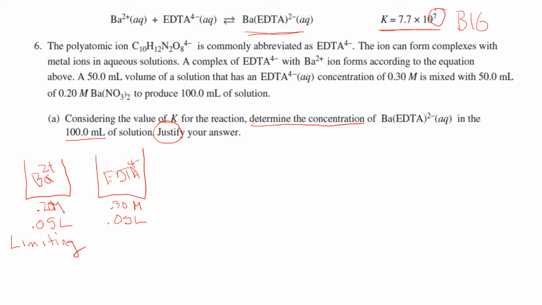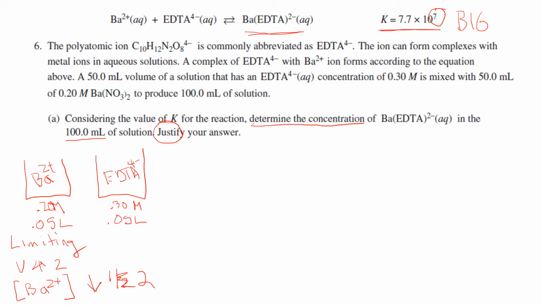I'm starting with 0.20 molar, but my volume is going to increase by a factor of 2. So the concentration of my barium ions is going to go down by half, by a factor of 2, because I'm doubling my volume.